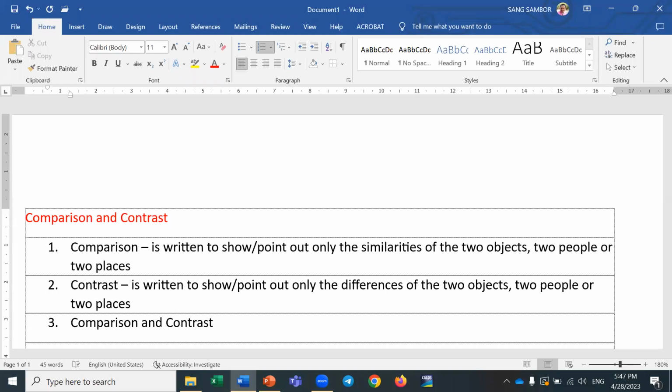So here you focus only on comparison, and here you focus only on the contrast.